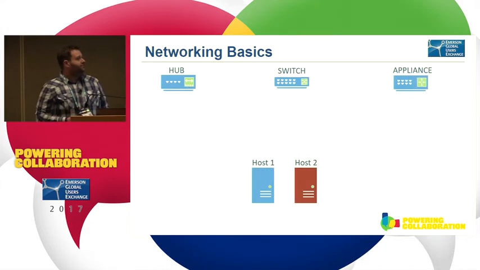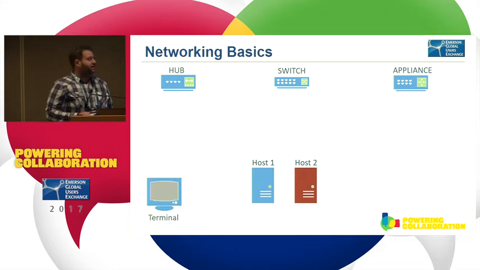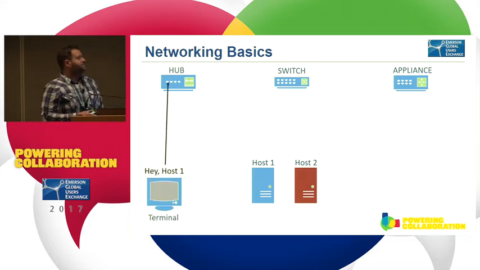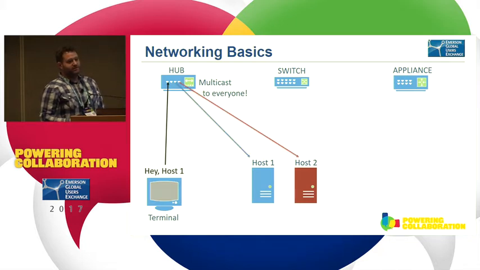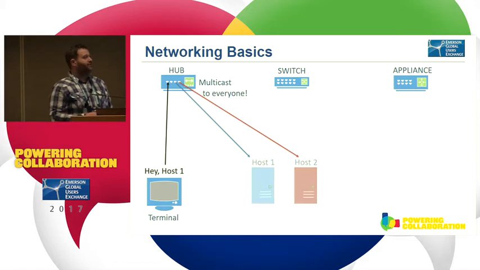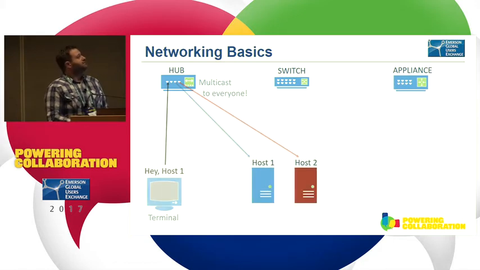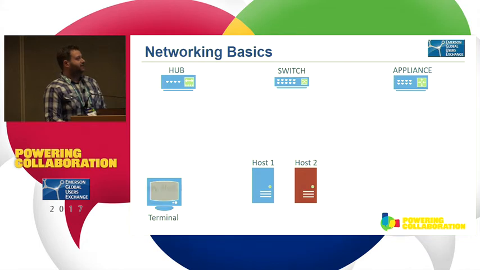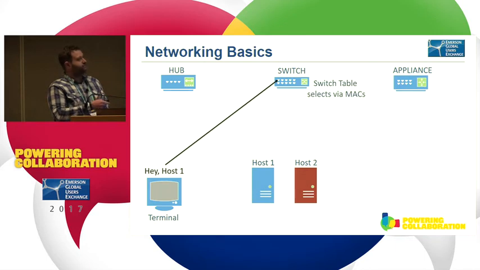We'd also like to cover some networking. In the old days, all you had was a hub, and it would multicast and talk to everybody. So if you had a message for host 1, it got to host 2 and everybody that was caring to listen. Switch improved on that. It knows who's connected to what port on the switch via the physical address of the card.